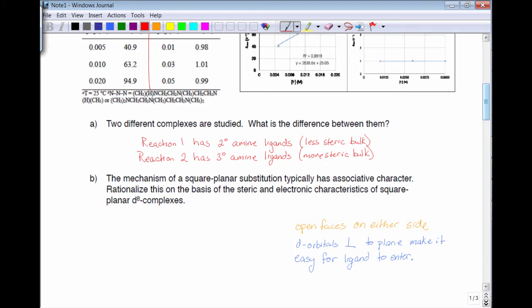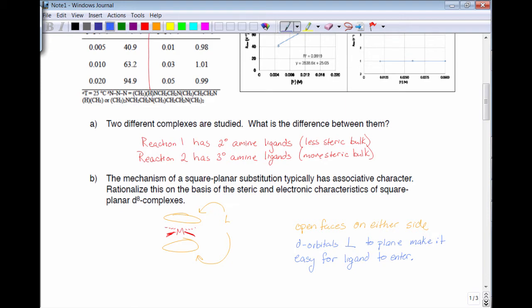And as far as sterics go, remember that these square planar metal complexes have two open faces. So if I draw my metal complex like this, where two ligands are coming out of the plane and two are going back, I have this whole open space here and here, these open faces where ligands can enter without much steric resistance. So this is really a nice, easy path of very low resistance.